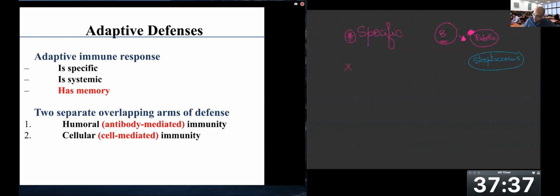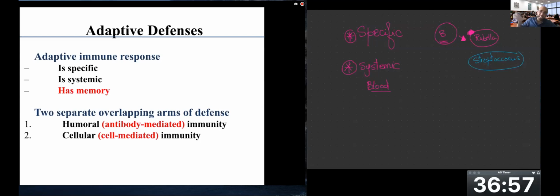I have a systemic feature. What I mean by systemic, I will reach all the body organ systems. I'm acting on all different parts of the body. I can reach everywhere because I will be acting by traveling through the blood. Either the B cells will be releasing the antibodies or the T cells will be acting on their own by traveling through the bloodstream.